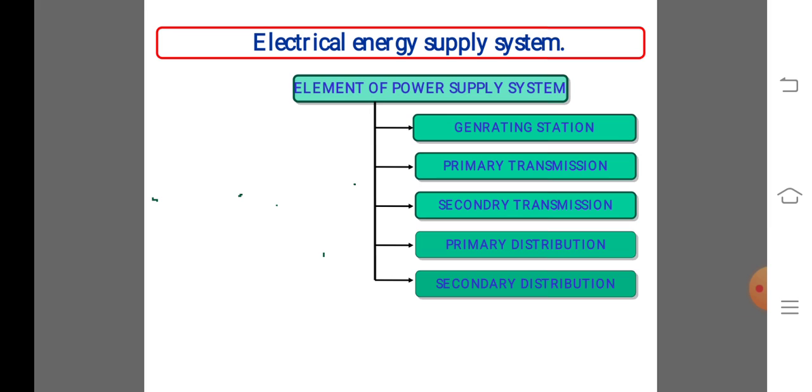Those five categories can have system load of broad categories: domestic, commercial, industrial, agriculture, and others having some street light, traction, etc.